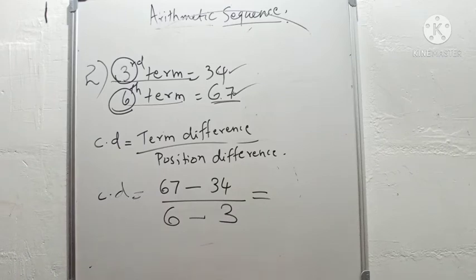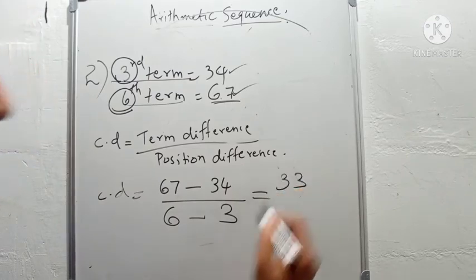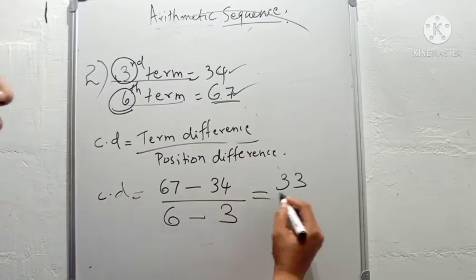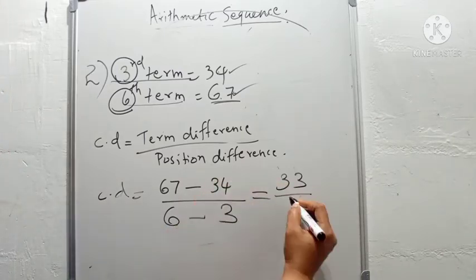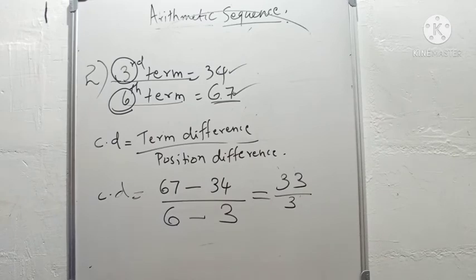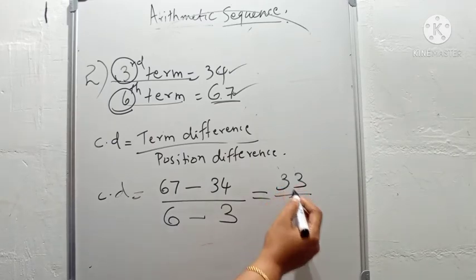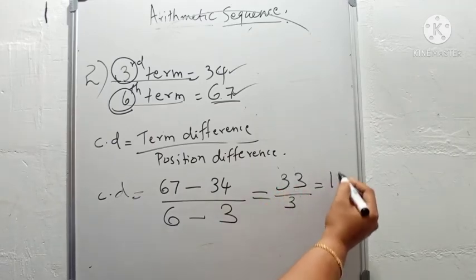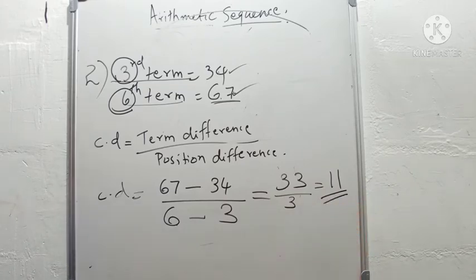The position difference is 6 minus 3. 67 minus 34 is equal to 33, and 6 minus 3 is equal to 3. So 33 divided by 3 is equal to 11. The common difference is 11.